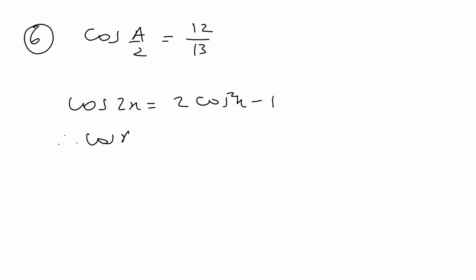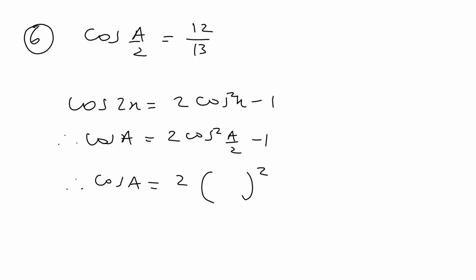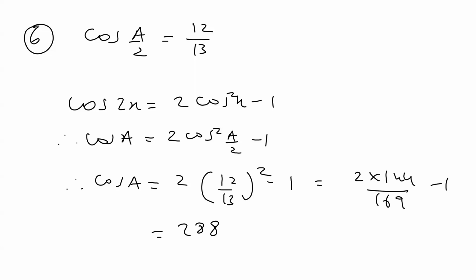Therefore, cos A will be 2 cos square (A by 2) minus 1. Therefore, cos A is 2 into 144 by 169 minus 1, 288 minus 169 by 169. So this is 119 by 169. So this is the value of cos A.